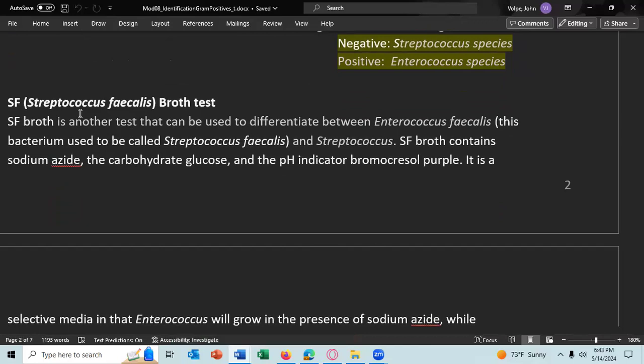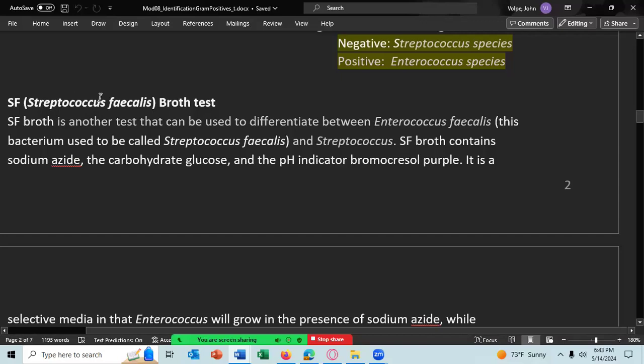But after they did DNA sequencing on the species, they came to realize that what they called Streptococcus faecalis is not in the Streptococcus family, and they changed the name to Enterococcus faecalis. But the test is still called the SF broth test after the old name Streptococcus faecalis. Any question about any of that?